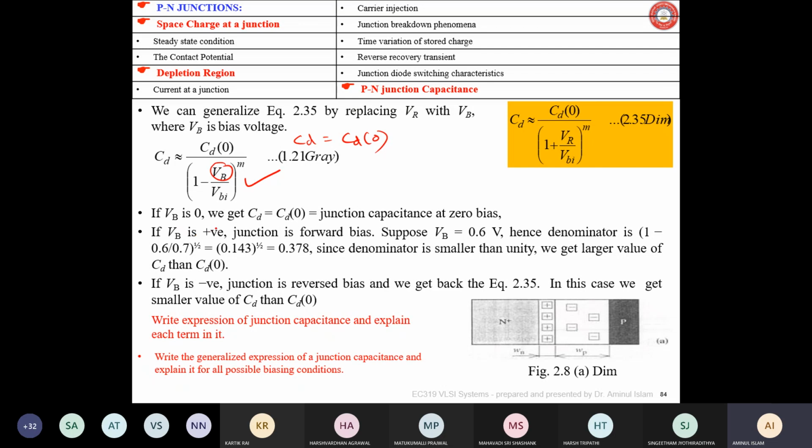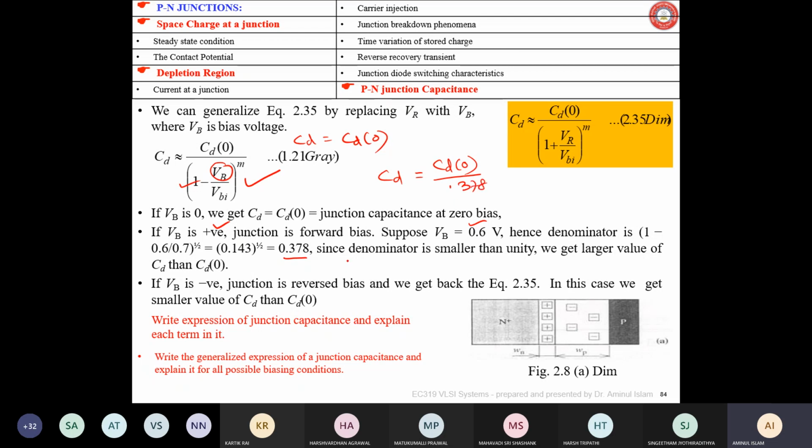If VB is positive, the junction is forward bias. Suppose VB equals 0.6 volt, hence the denominator is what? 1 minus 0.6 divided by 0.7. If you consider Vbi equals 0.7, then we get this denominator as 0.378. So it comes to be CD0 divided by 0.378.